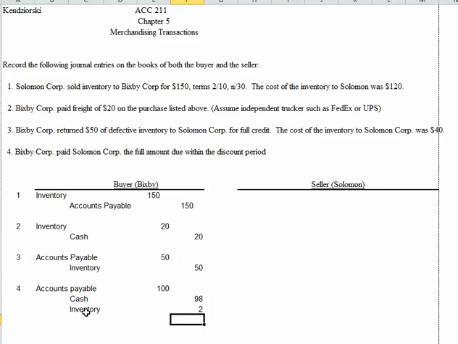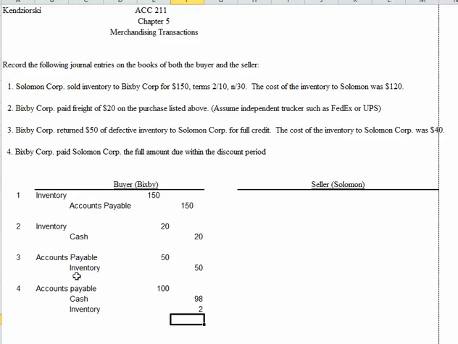So if you look in the inventory account now, and let's just focus on entries 1, 3, and 4. We purchased $150 worth of inventory. We returned 50 of it. We took a $2 discount. So the amount of goods in inventory related to what we owe to Solomon is now $98, which is exactly equal to the cash that we ended up paying to Solomon. Again, handle that freight separately because that was going to FedEx or UPS.